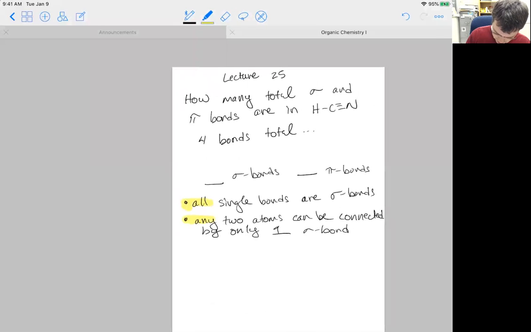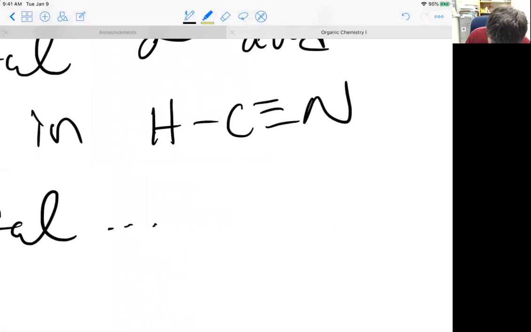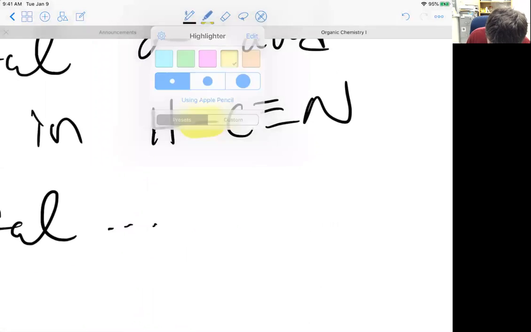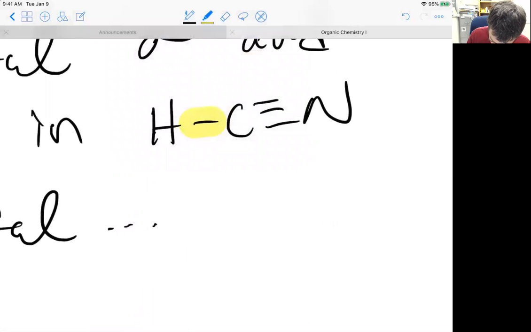Let's zoom in on this. There we go. So that is a sigma bond, and this is a sigma bond. Our sigma bonds are the bonds highlighted in yellow.